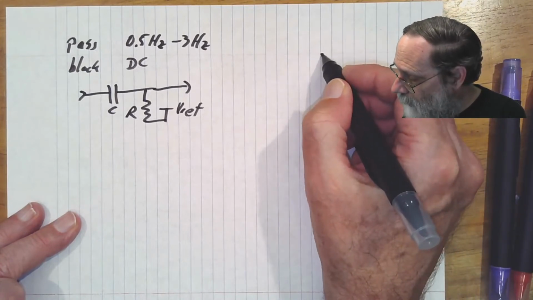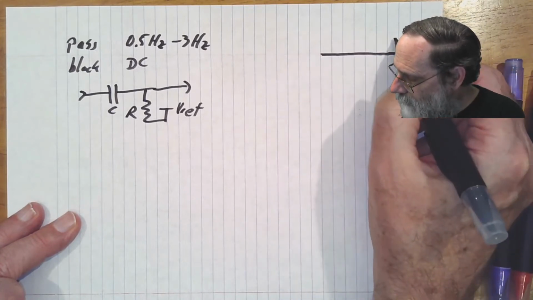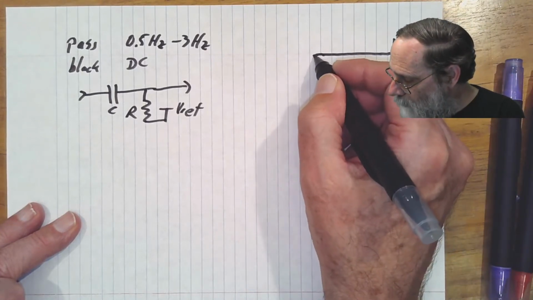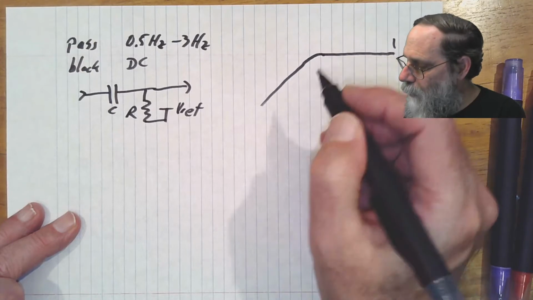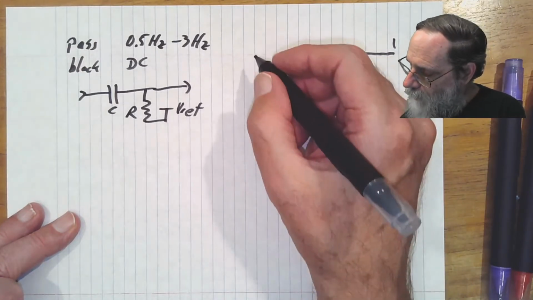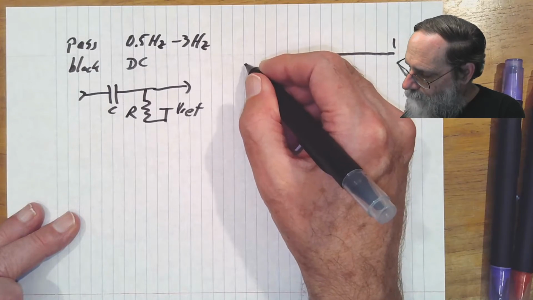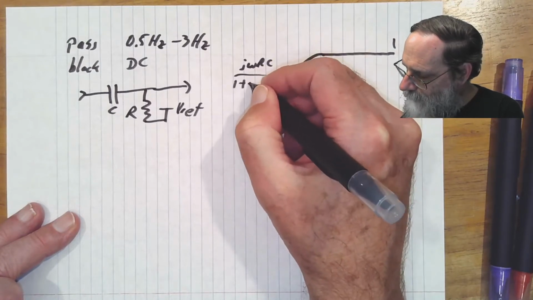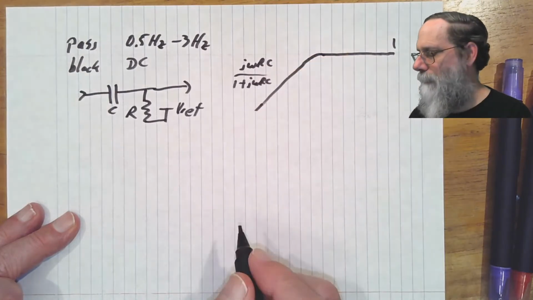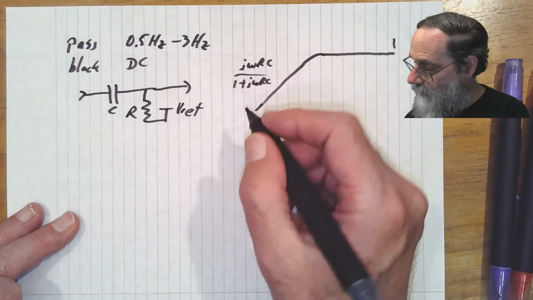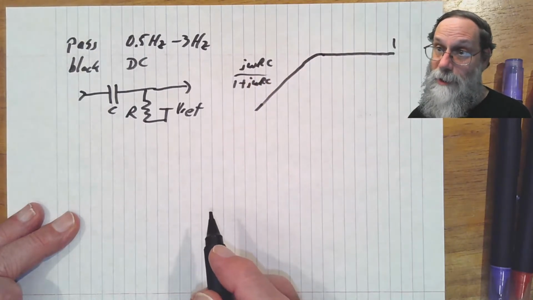We have got, at high frequencies, the gain is 1. And then we've got that it drops off a little bit, sort of a rounded corner there, and at low frequencies, the gain is going to be j omega RC over 1 plus j omega RC, which, when the frequencies are low enough, is basically just j omega RC.